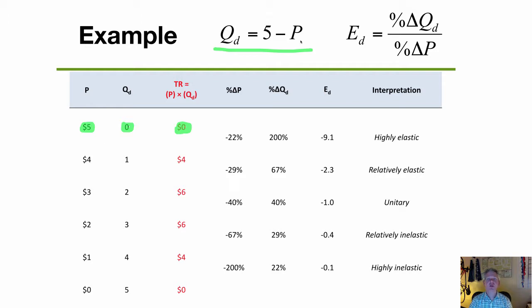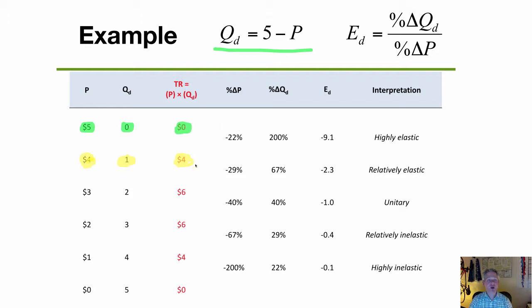Now let's change the price to 4. If we plug 4 into our demand curve, we get 5 minus 4, which equals 1. So at $4, we get a quantity demanded of 1. What's the total revenue? It's just price times the quantity, which is 4. Now we have a change, so we can look at how things have changed.